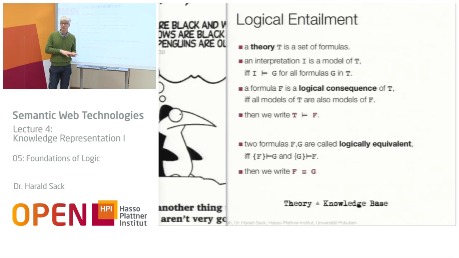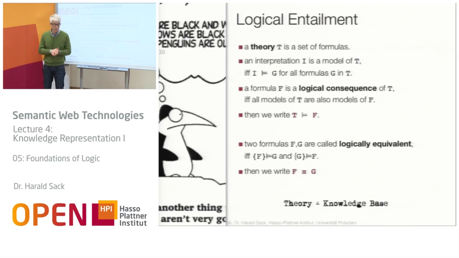And the formula F is a consequence of T only if all models of T are also models of F. So then we can write that T entails F, or F is a logical consequence of the knowledge base T. On the other hand, we know this already, two formulas F and G, also in first-order logic, are logically equivalent if and only if G is a consequence of F and F is a consequence of G. And then we write F is equivalent to G.